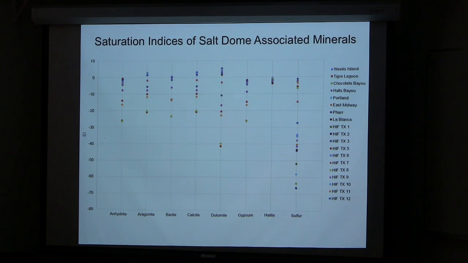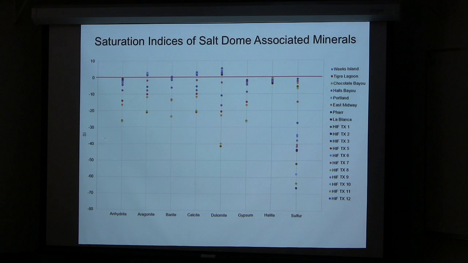So this is a plot of the FREEQC-generated saturation indices of salt dome-associated minerals. We have the specific minerals here on the x-axis, and then we have the saturation index on the y-axis. And if you remember, anything above 0 is going to indicate the precipitation of that mineral, and anything below 0 is going to indicate the dissolution of that mineral.